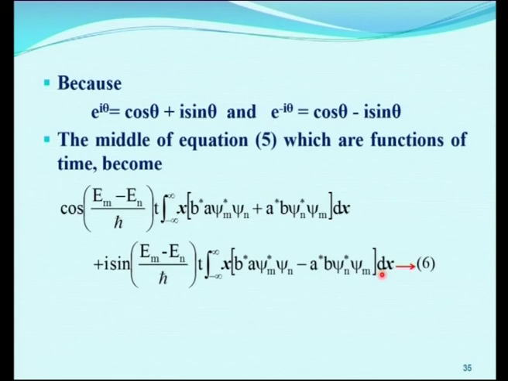So, the middle terms of the equation, which are functions of time, become cos of (Em minus En) by h cross into t multiplied with integral minus infinity to plus infinity x into (b star a psi m star psi n plus a star b psi n star psi m) dx, plus i sin of (Em minus En) by h cross into t integral minus infinity to plus infinity x into (b star a psi m star psi n minus a star b psi n star psi m) dx. This is equation number 6.